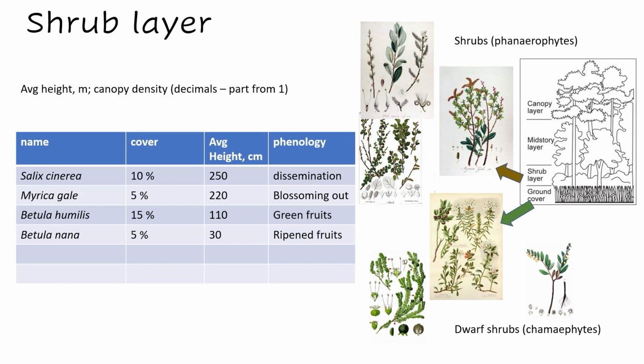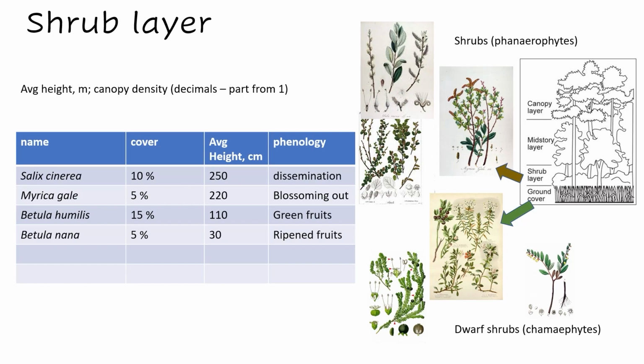Finally, we reached the shrub layer. With the shrub layer there is also a trick. In peatland you find shrubs and dwarf shrubs. Dwarf shrubs, as the other name says, naturally are not shrubs. Shrubs belong to the living form so-called phanerophytes.